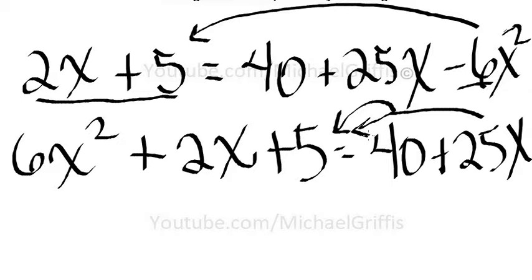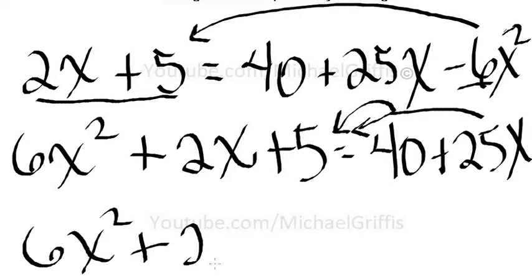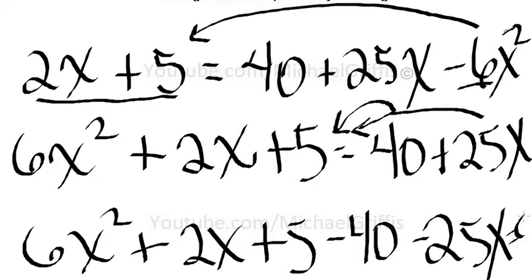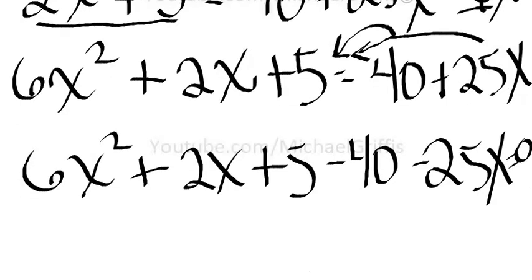You should know how to do that by now. So we're going to have 6x squared plus 2x plus 5 minus 40 minus 25x, and remember, it's all equal to 0, which I ran out of room.